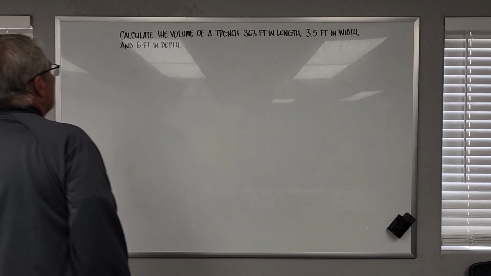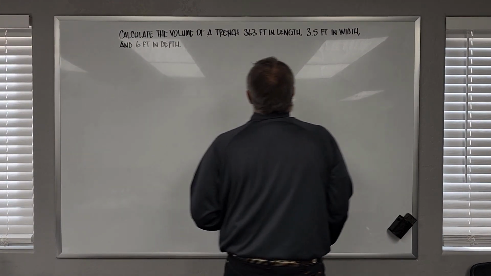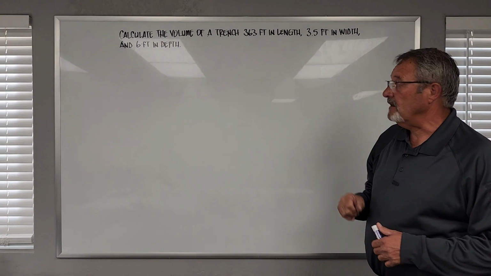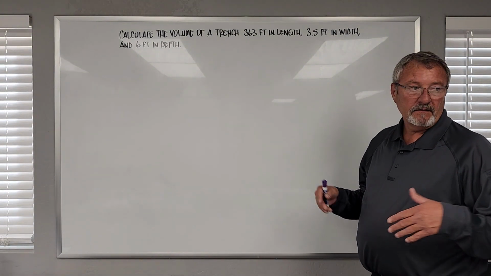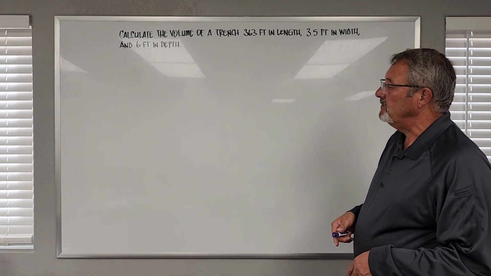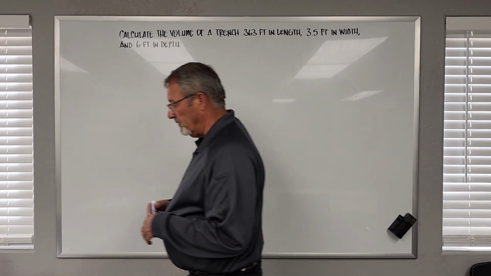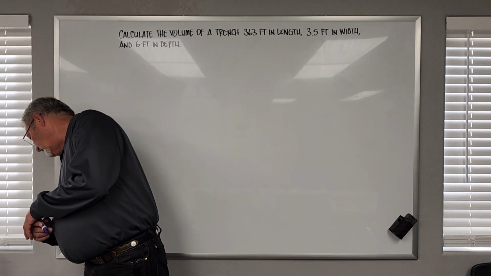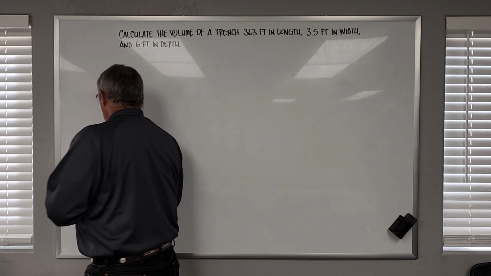Okay, the next question, calculate the volume of a trench. 363 feet in length, 3.5 feet in width, and 6 feet in depth. Now, if you look at your ABC math formula sheet, you're going to see volume of a rectangular tank.